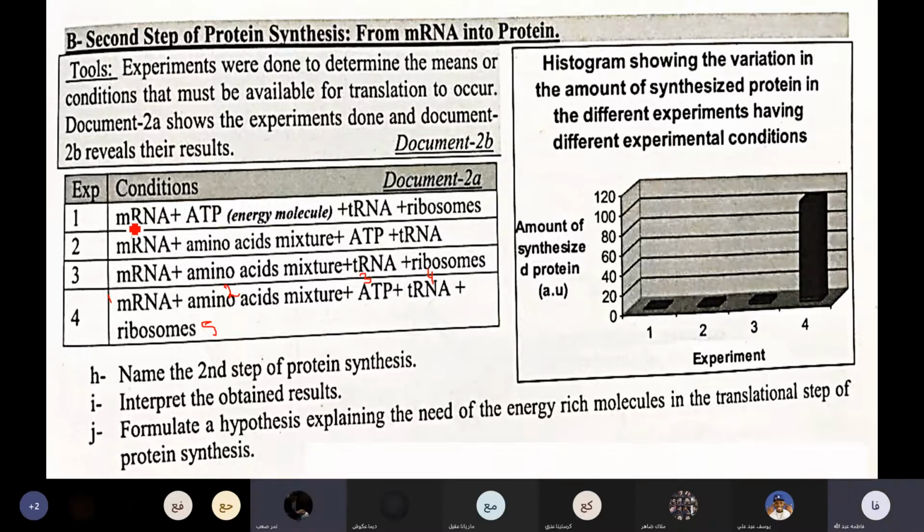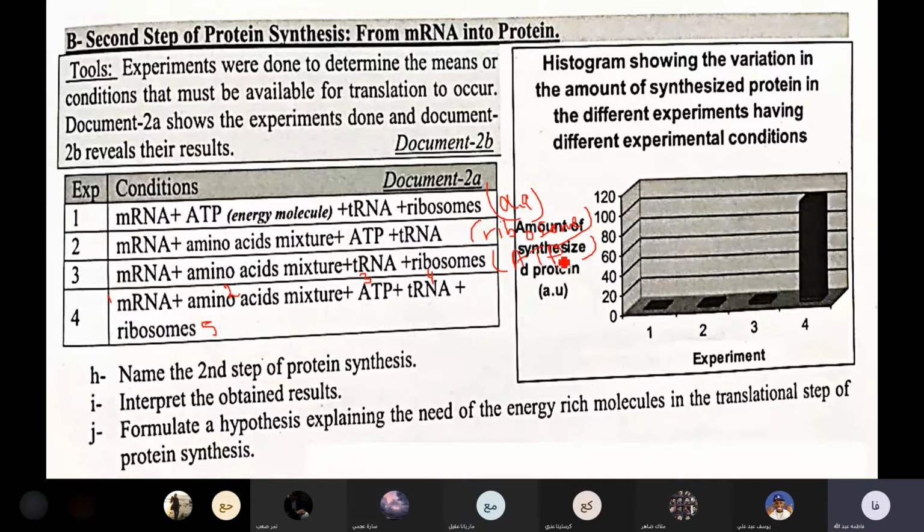Yes, good. So amino acid is missing. In 2, ribosomes are missing. In 3, the energy molecule, which is ATP.